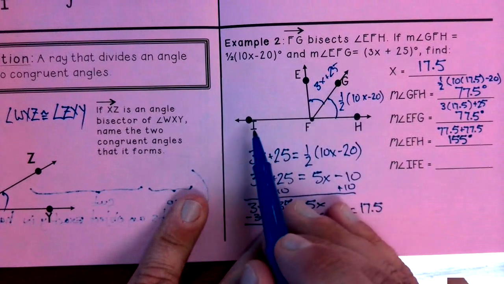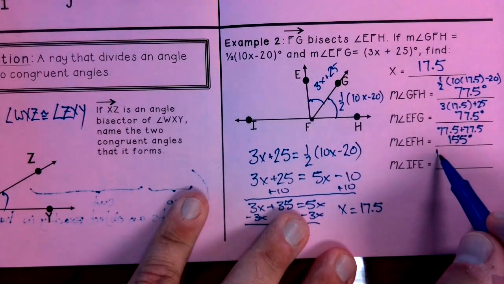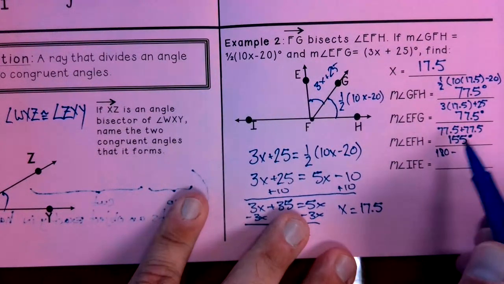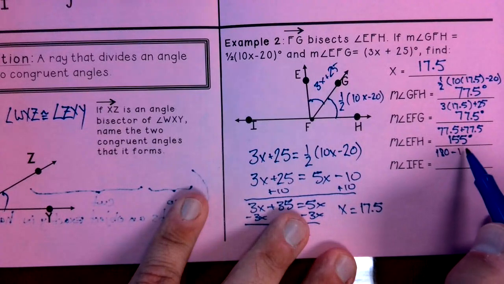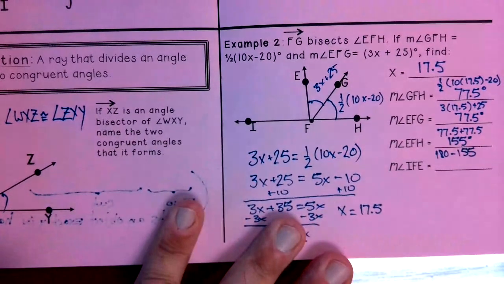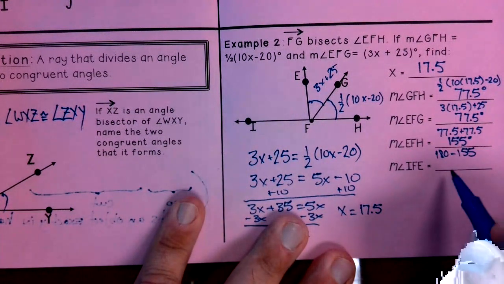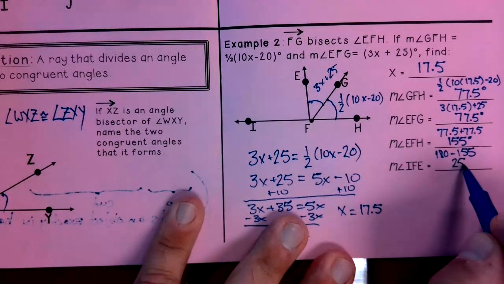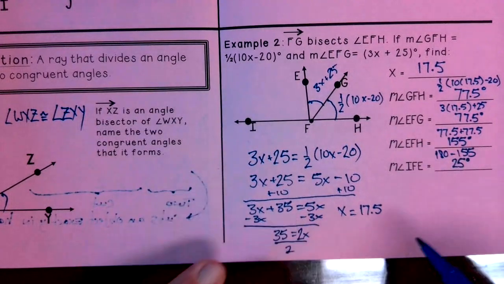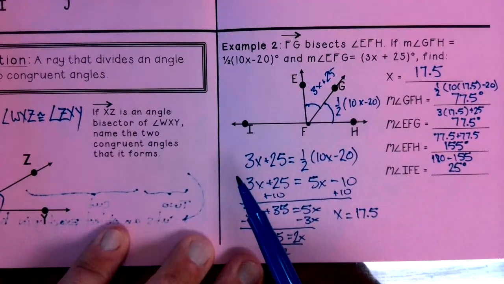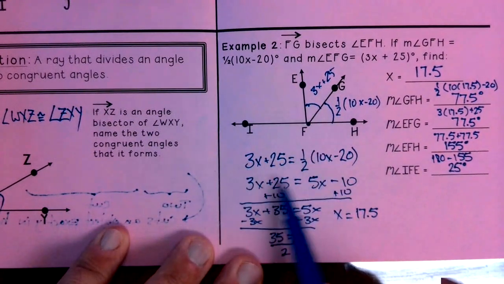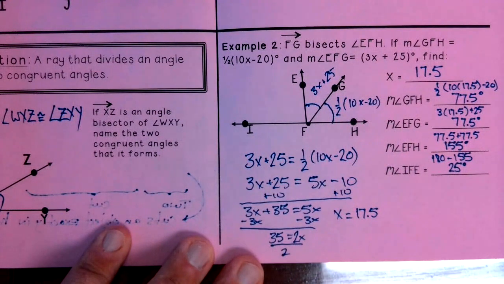The whole thing is 180. So what I'm going to do is 180 minus the part that I know. And I get 25. So the big thing here is make sure when it's bisected, you will probably set things equal to each other.